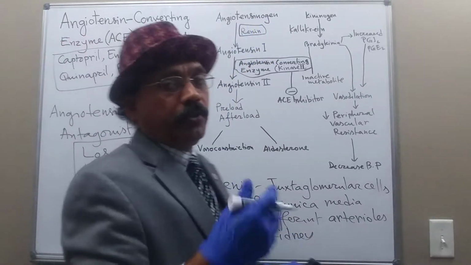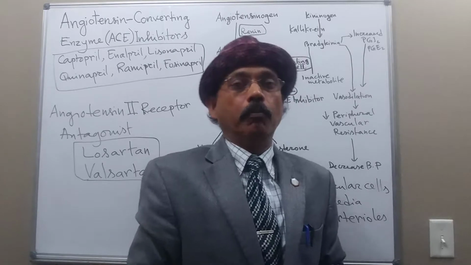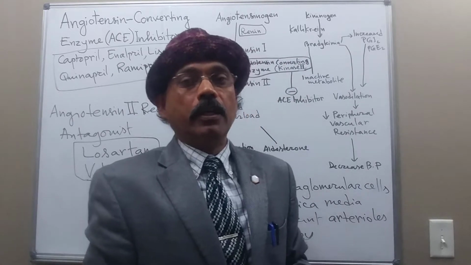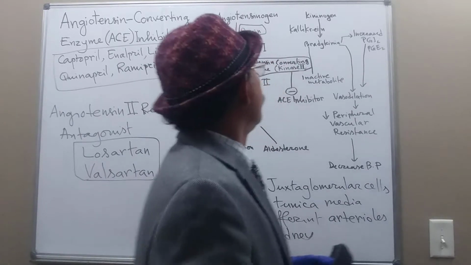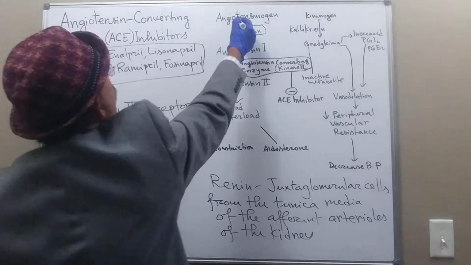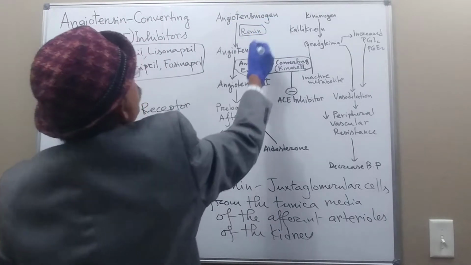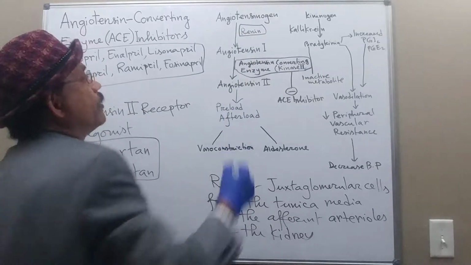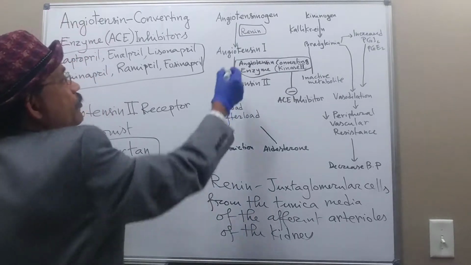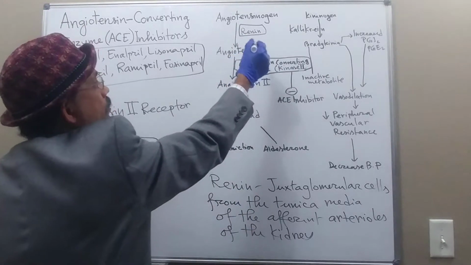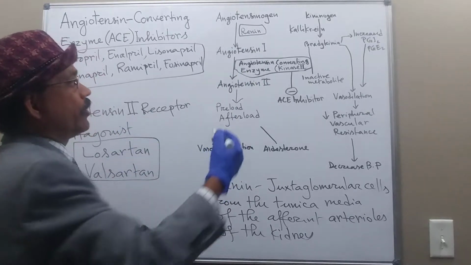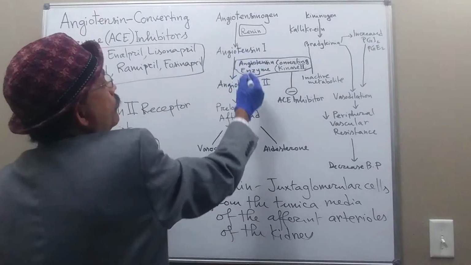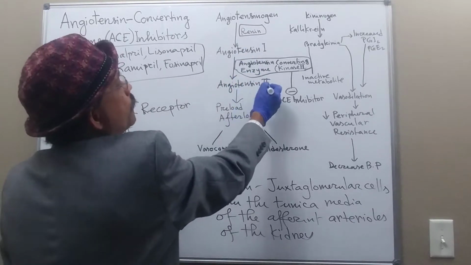Renin will be secreted when there is lack of blood flow to the kidney. Renin is secreted, and that will convert angiotensinogen to angiotensin 1. Then angiotensin 1 goes through the blood to the lung, to the endothelial cells, where it will be converted into angiotensin 2.